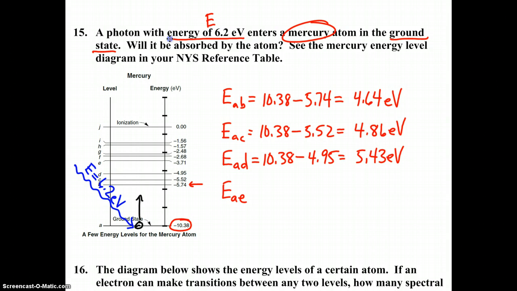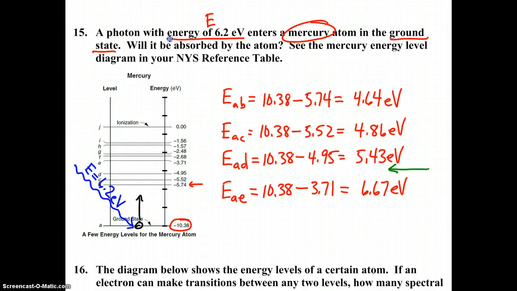What about from A to E? 10.38. In the E state, it would be 3.71 equals, pause if you need, 6.67 electron volts. So you can see that the value of the entering photon of 6.2 electron volts lies between these two values.